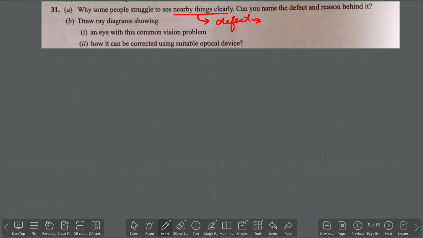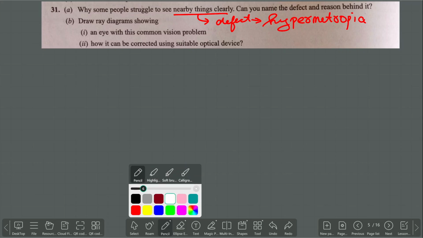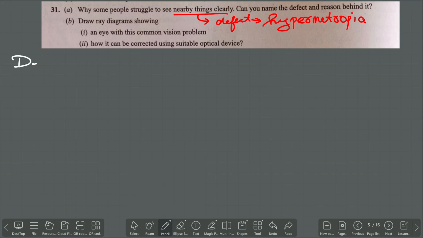He is suffering from the defect called hypermetropia. So we learned about myopia, hypermetropia, and another one, presbyopia. Hypermetropia means the person cannot see the nearby object. So the defect here is hypermetropia.